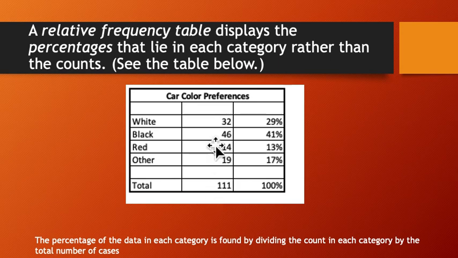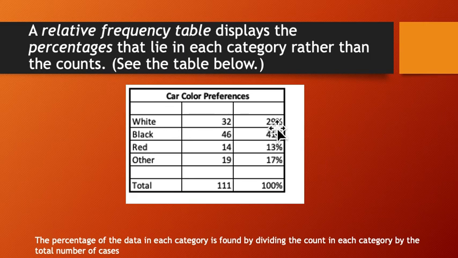So in this particular case, 32 divided by 111 gives you 29%. And you'll see when you add those up, it equals 100%. When you're doing the actual formula, let's say this is column A, B, and C, this 29% would be taking this column B divided by this column and row number of 111.